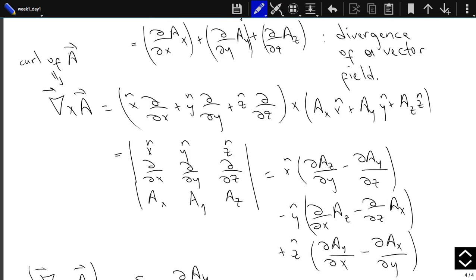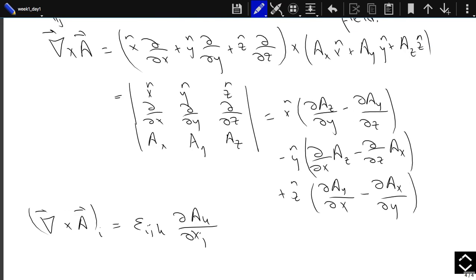Of course, you have to pay attention to the order of how you put things. You cannot just put ay times del by del x. It is del by del x of ay. With that in mind, you can just treat it as an ordinary vector, as long as you are using Cartesian coordinates at least. In spherical or cylindrical coordinates, you will not be able to do that, but in Cartesian coordinates, you can just treat it as an ordinary vector, just keeping in mind the order of things.